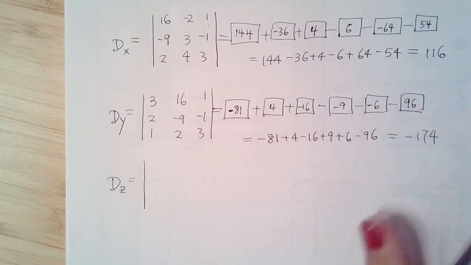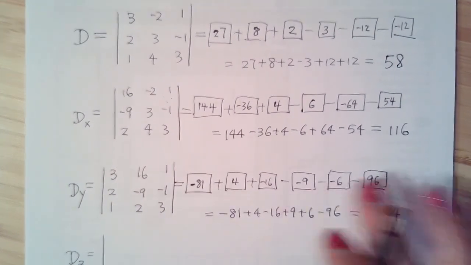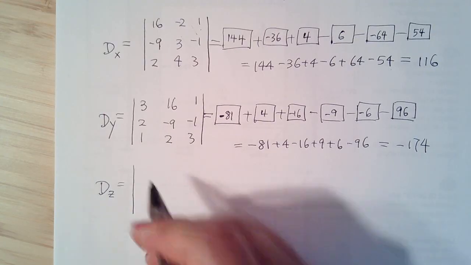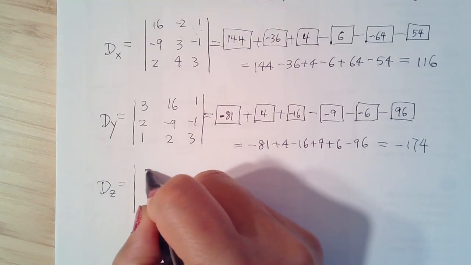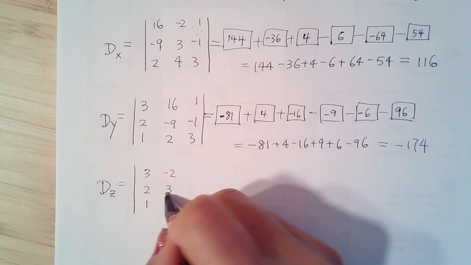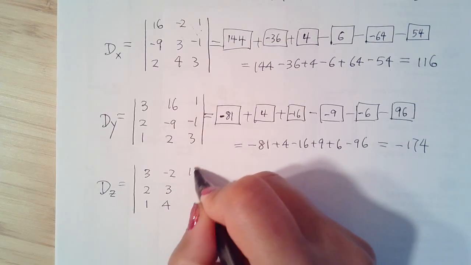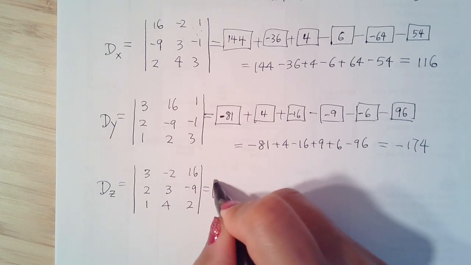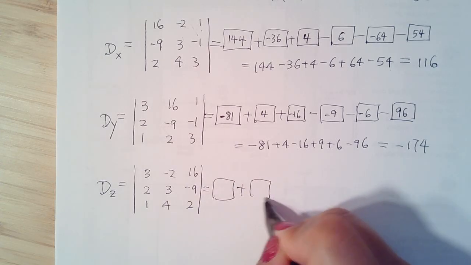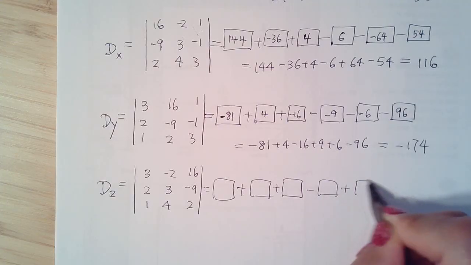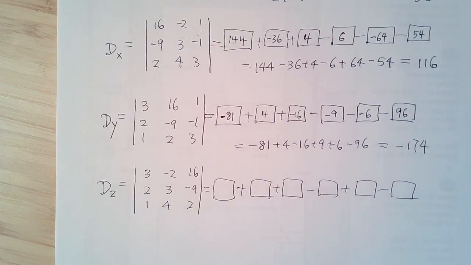For dz, I keep the first two columns and replace the last one. So I have 3, 2, 1, negative 2, 3, 4, and then the constants 16, negative 9, 2. I need to find the products, 3 positive and 3 negative.